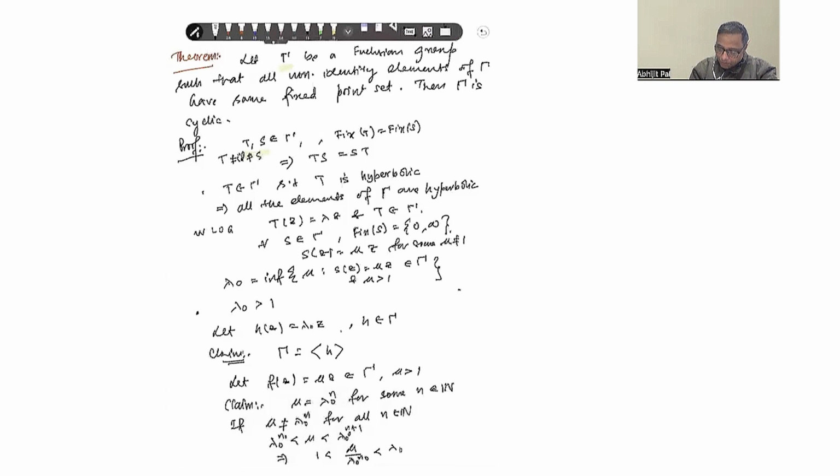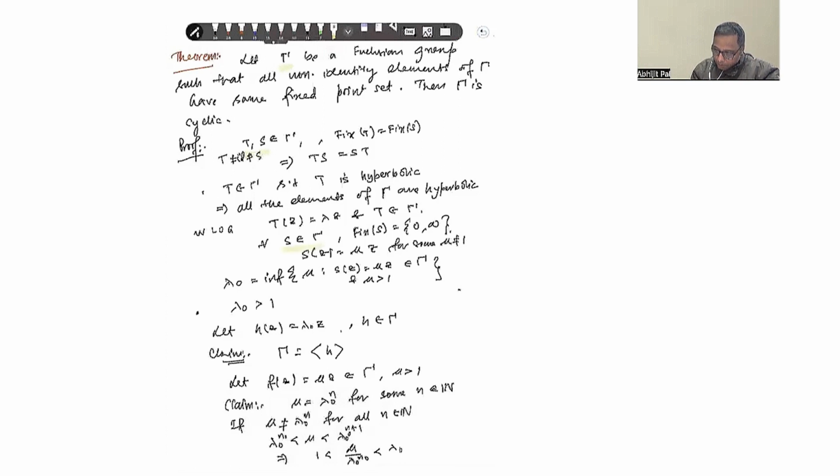Now, without loss of generality, we can assume that Tz is of the form lambda z, and this T belongs to gamma.